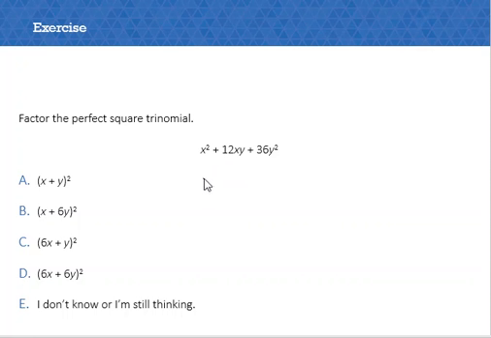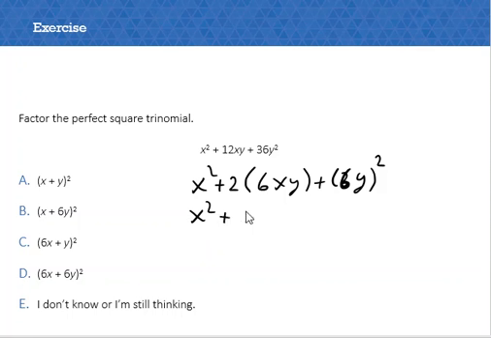So we see x squared plus 2 times 6xy plus 6y squared. So here, let me just rewrite it so you can see exactly: 2 times x times 6y.